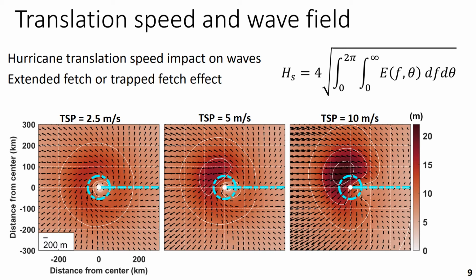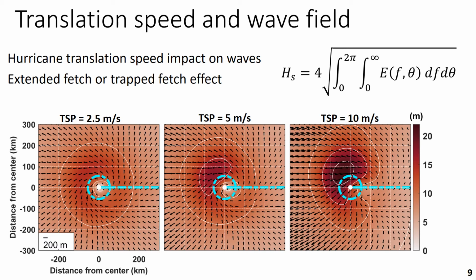So what's interesting here is, as the translation speed increases, so it's the slow case, 2.5 meters per second, where the storm is moving westward, the middle case, where it's moving westward at 5 meters per second, and then on the right, where it's moving westward at 10 meters per second, you'll notice the waves get bigger, and so too does the asymmetric distribution of the wave height.